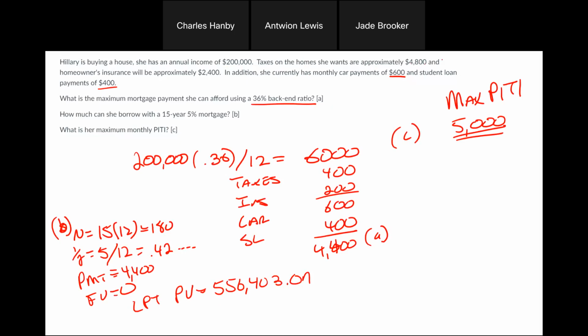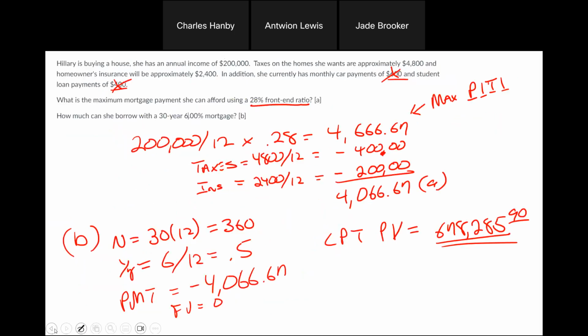I just plugged in those numbers, but in all truth, if she was buying 556,000, the taxes should be less than if she were borrowing 678,000, assuming she's borrowing the same percentage.